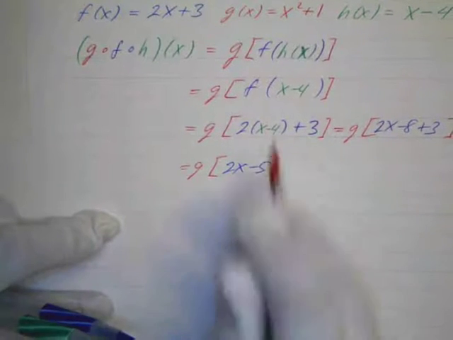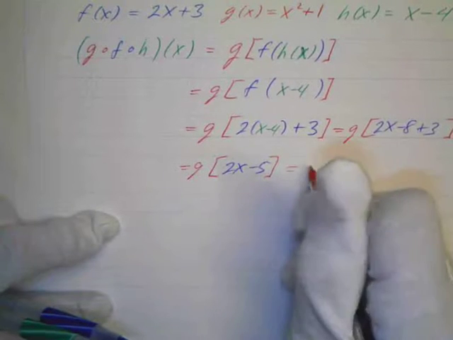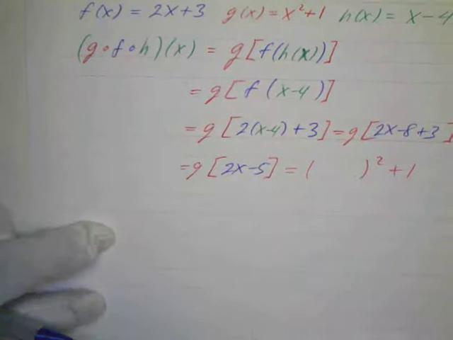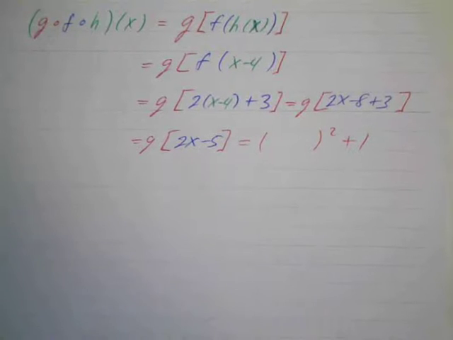Well, what does the g rule say? That says something squared plus 1. But what's that something? What's inside here? That's going to be 2x minus 5.